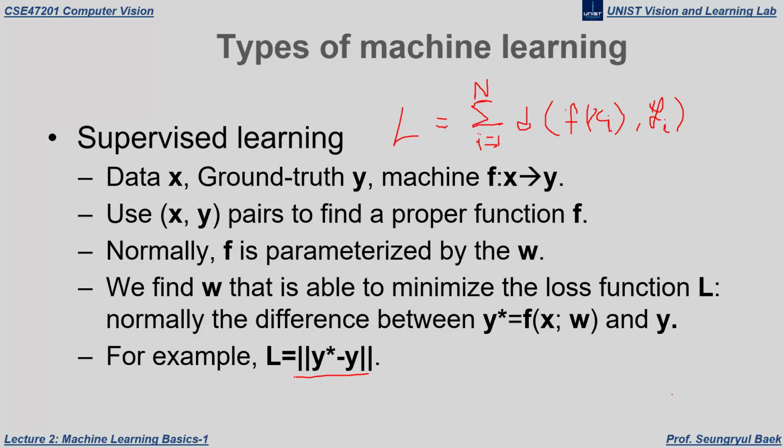We will also learn about some other metrics that calculate the distance between output and ground truth later. Anyways, this is supervised learning. Given n number of data and their ground truth y, we find some parameters that determine the function f, their characteristic, that can minimize the loss function. That is supervised learning.